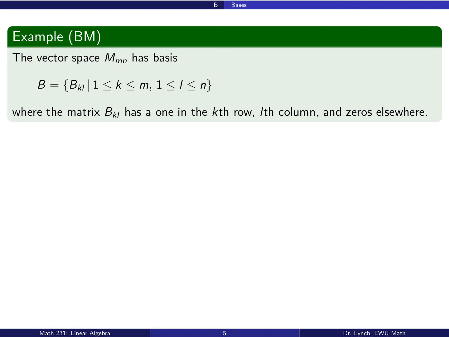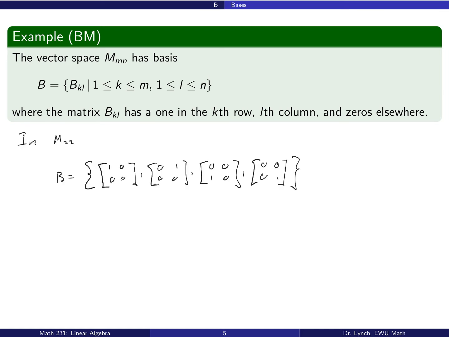Just to illustrate what that would look like, the standard basis for M22 is the following four, air quote, vectors. We're thinking of these matrices as vectors. So these 4 vectors are a basis for M22.